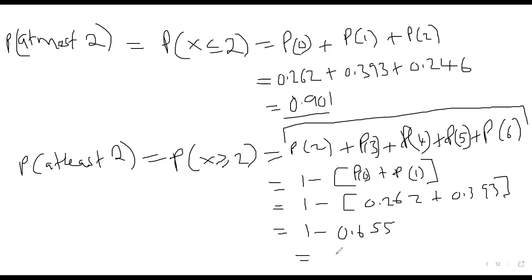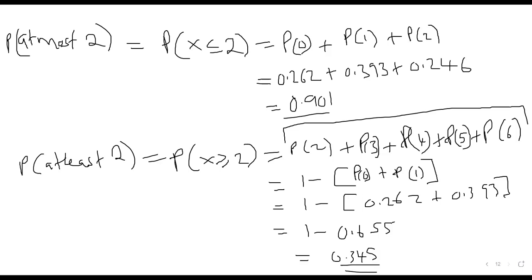So we subtract this from 1. We're going to get 0.345. All right. So this is the binomial probability. Now, how do questions come?